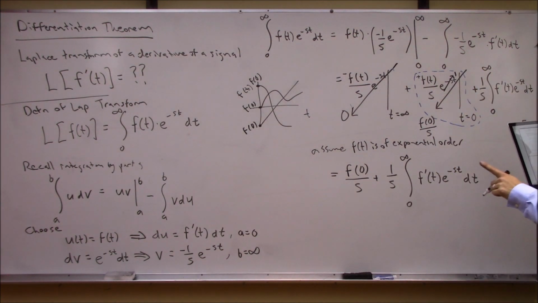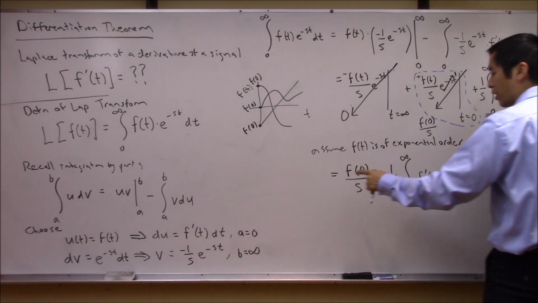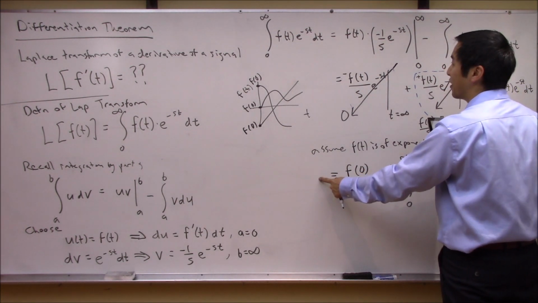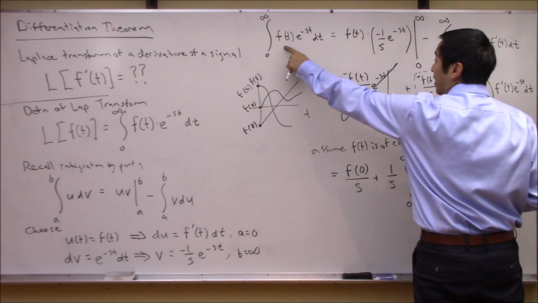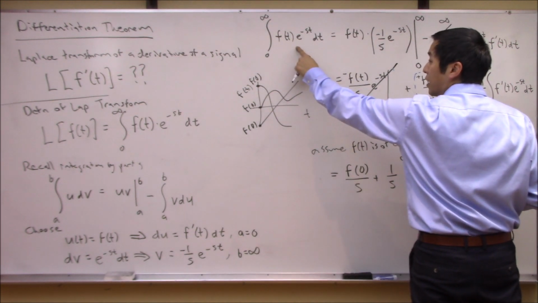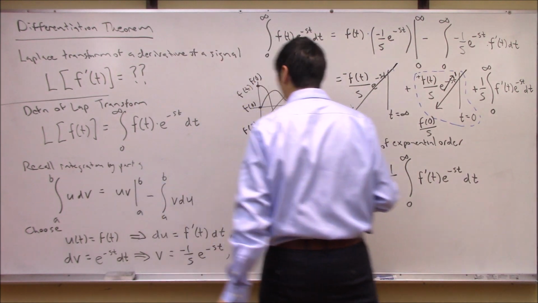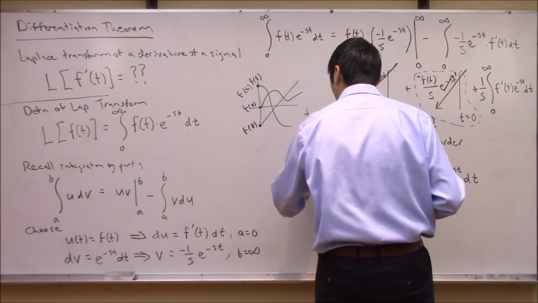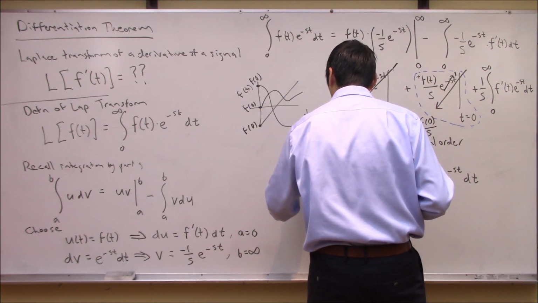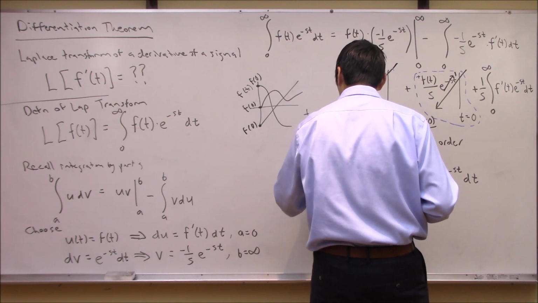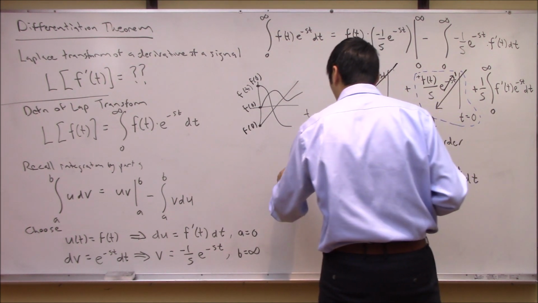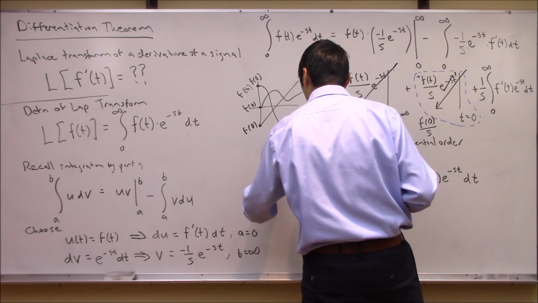And before we get too far, let's recall what the left-hand side of this is. This was just the definition of the Laplace transform of f of t. So we can write that the left side is the Laplace transform of f of t, or F of s.